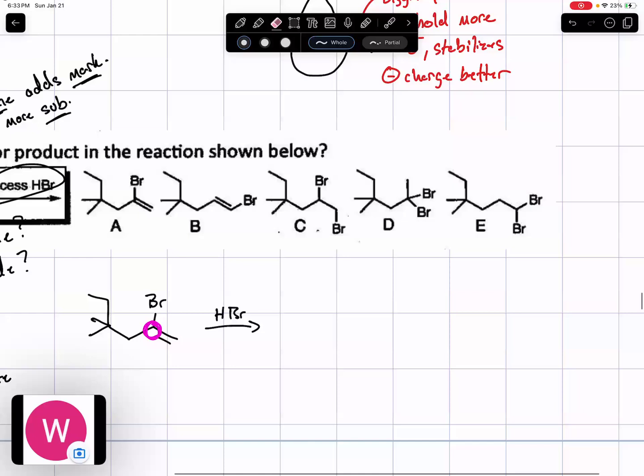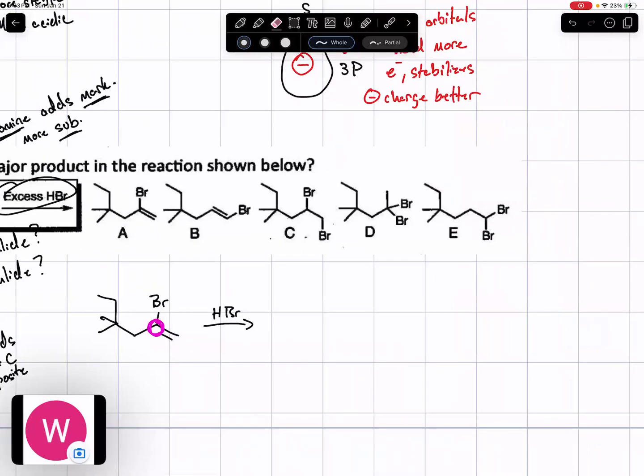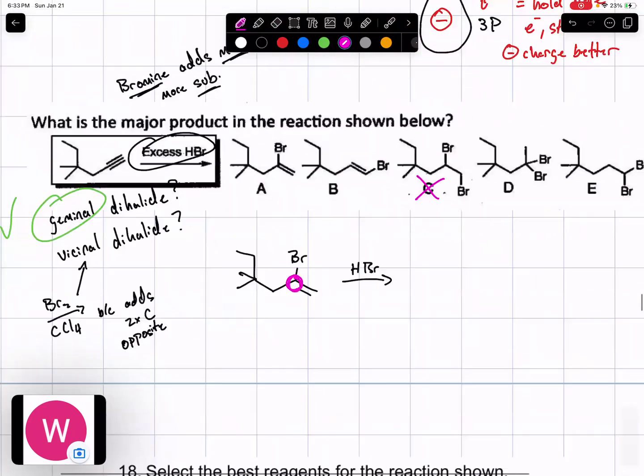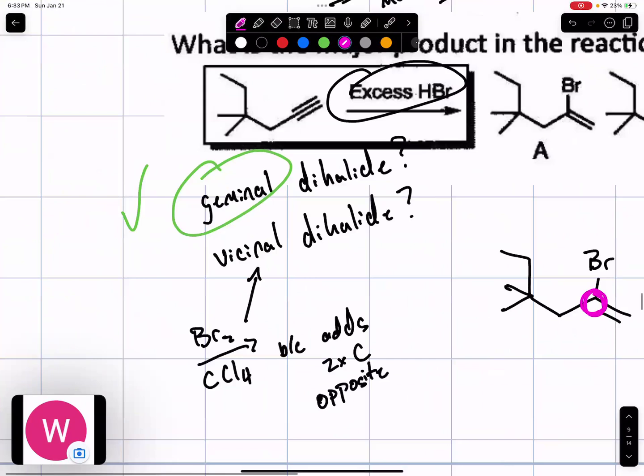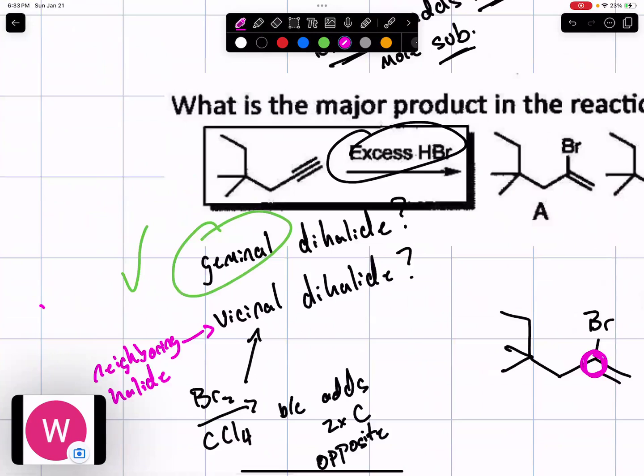And so what does that look like to you? It's tricky. So we can eliminate the vicinal dihalide, which, if you know a little bit of Latin, is technically for neighboring halides. And geminal technically means same, like same carbon. That's what geminal means.